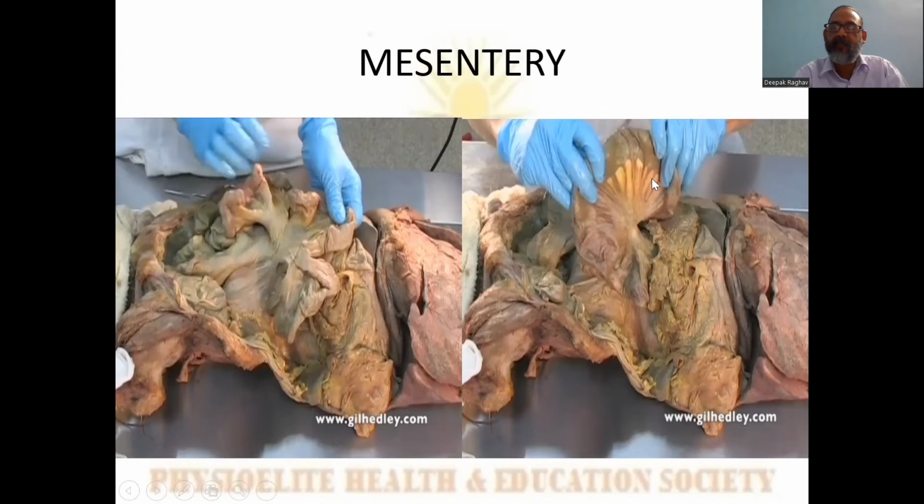This fan-like structure is the mesentery, and within the mesentery you can see the blood vessels clearly. So this is the mesentery, a fold of membrane between the intestine and the abdominal wall.